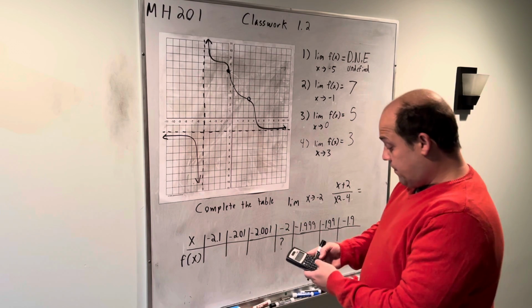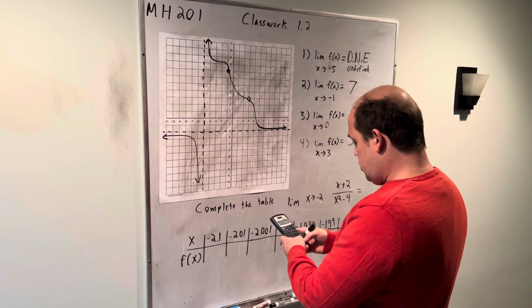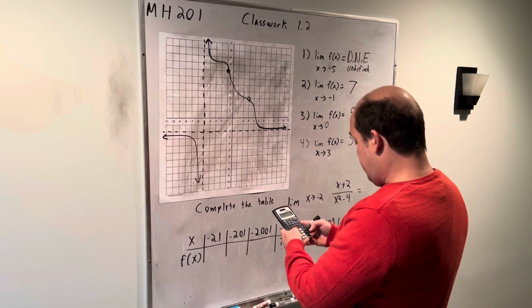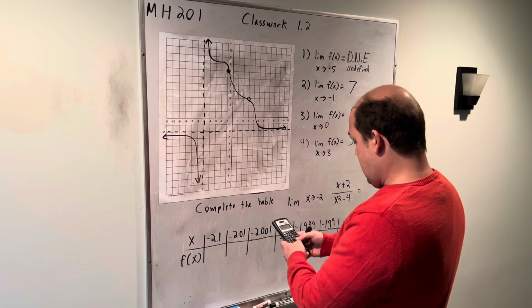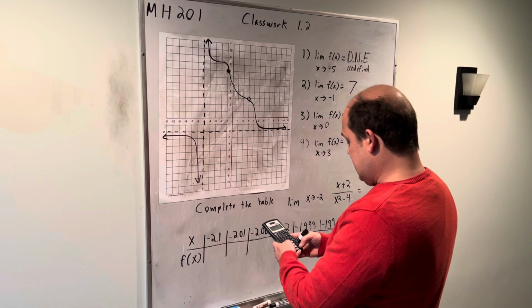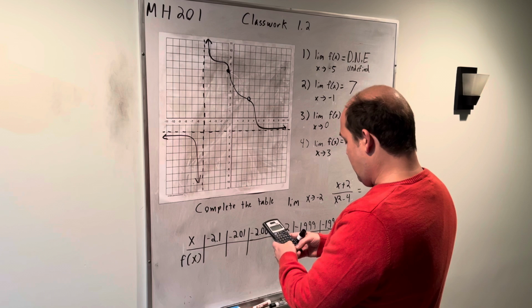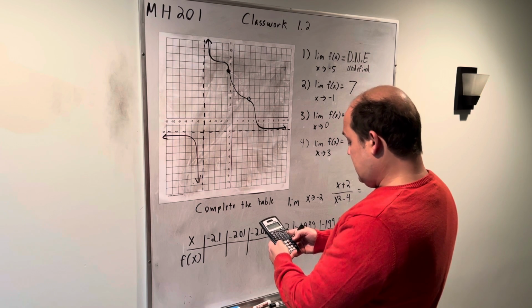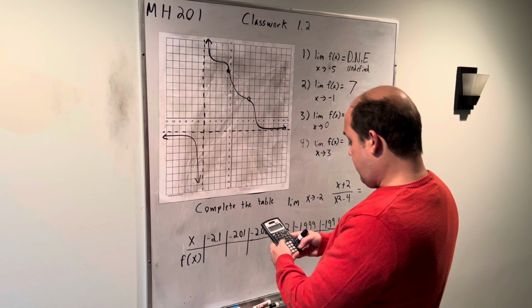So I'm going to plug in on top, parentheses, negative 2.1 plus 2, and parentheses, divided by parentheses, negative 2.1, and parentheses squared, minus 4, and parentheses.